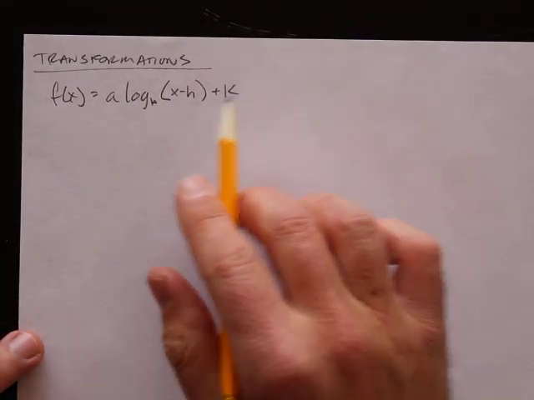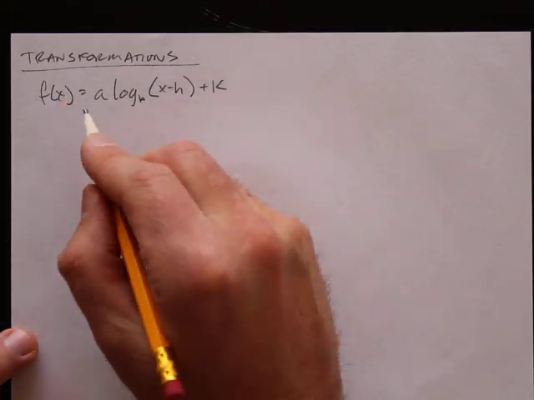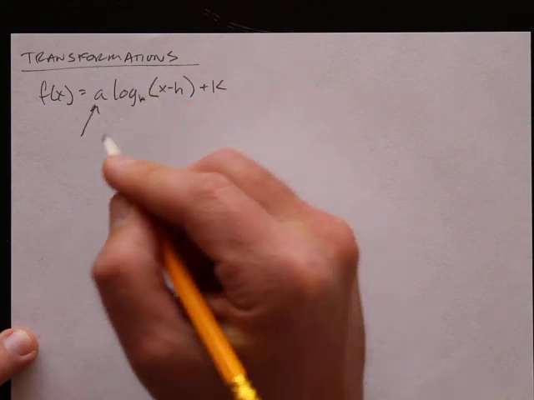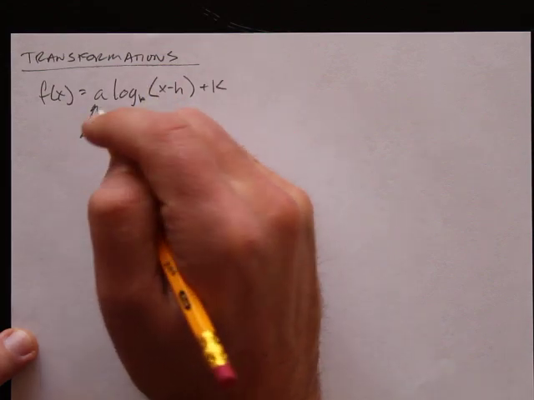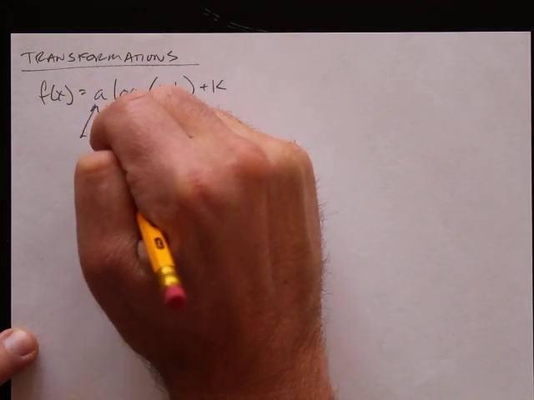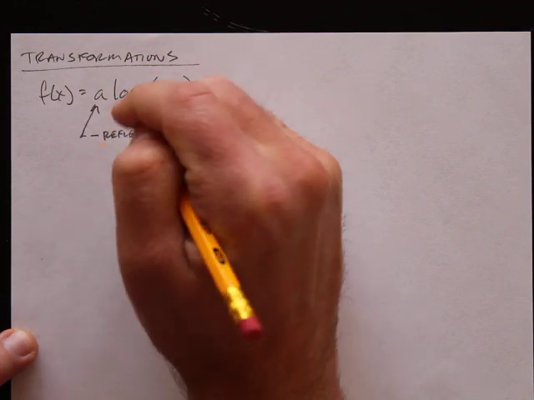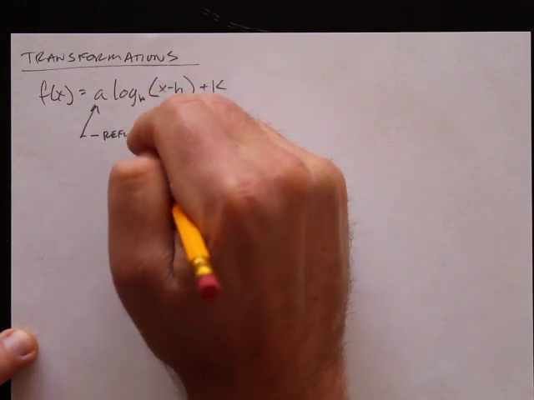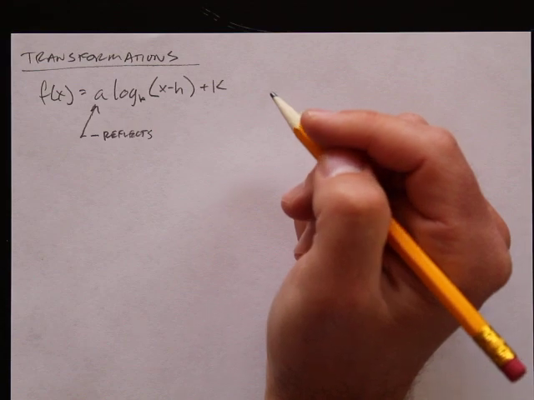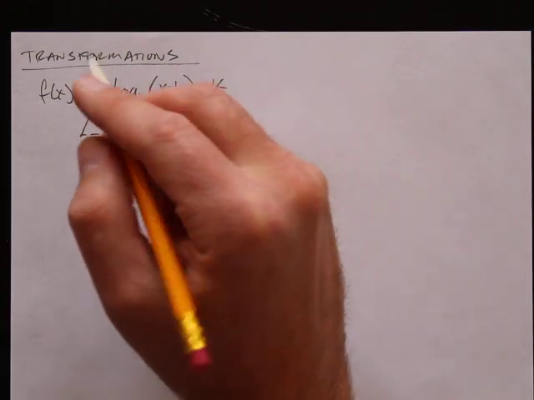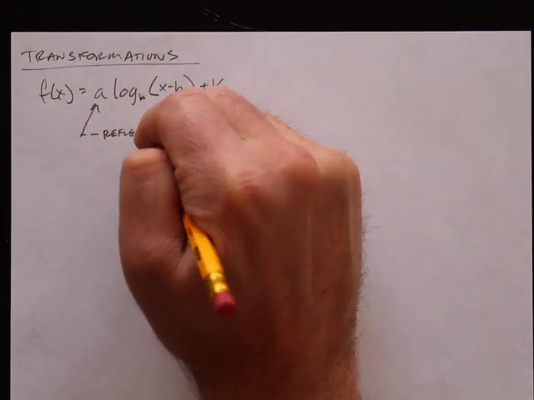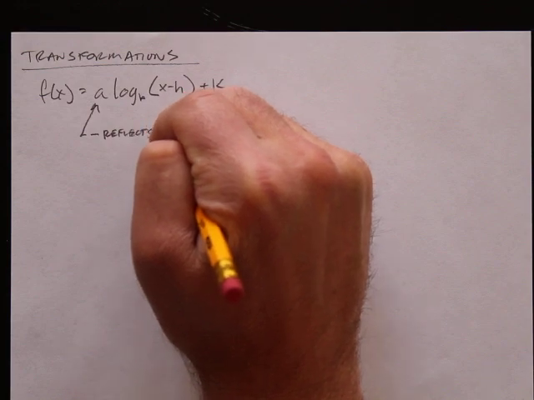So this should look pretty familiar to what we've looked at before. So a, if it's negative, reflects on the x-axis.